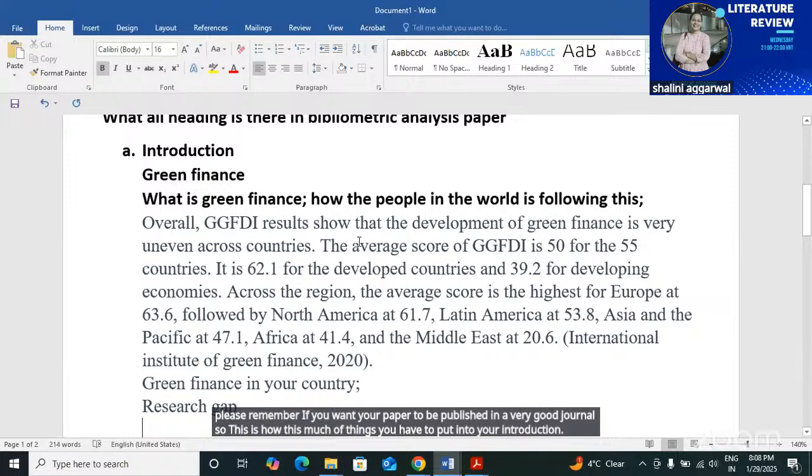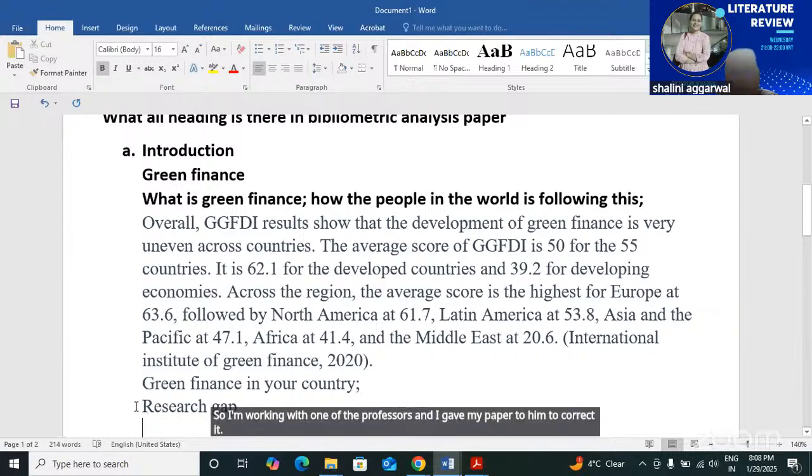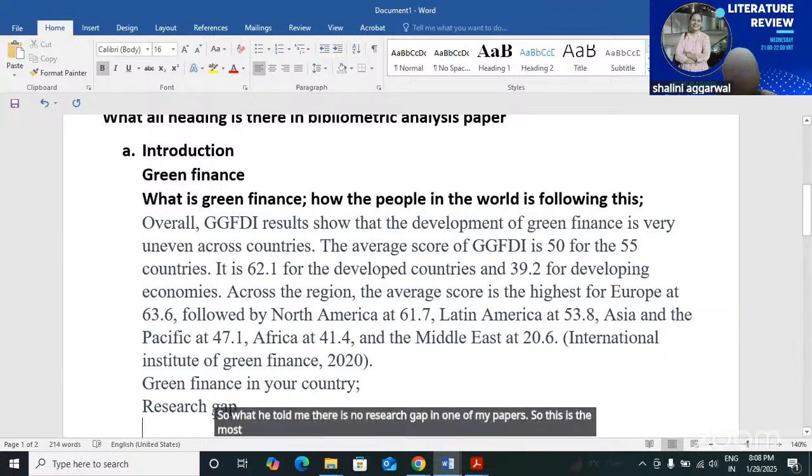I'm working with one of the professors, and I gave my paper to him to correct it. What he told me was, there is no research gap in one of my papers. So this is the most important thing that you have to put. Everyone has to put a research gap section in your introduction section, right?